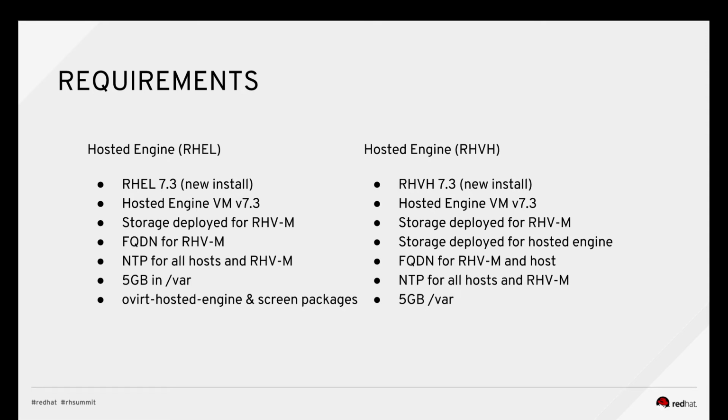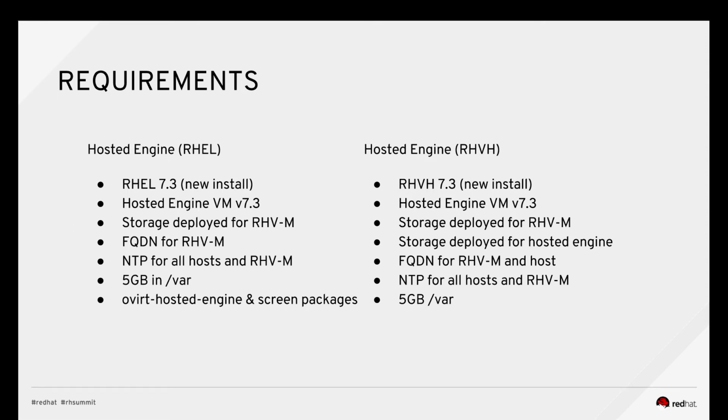Requirements. It's very similar comparing the RHEL based to the Red Hat Virtualization host based. For the RHEL based, you need a new install. You don't want to go with something that's already been deployed that potentially has some configuration artifacts. You need the hosted engine virtualization appliance version 7.3. You need storage already ready to go for RHV-M. You need to have a fully qualified domain name for Red Hat Virtualization Manager.